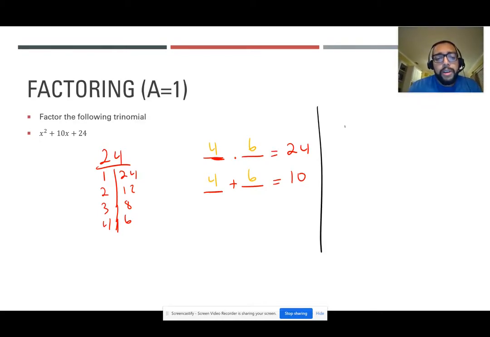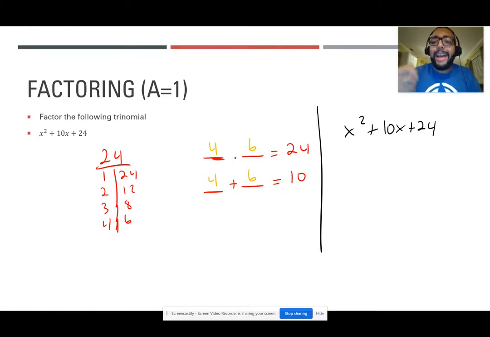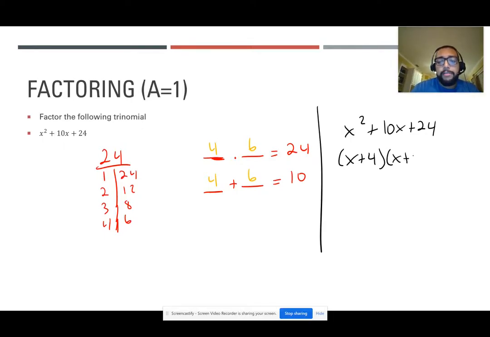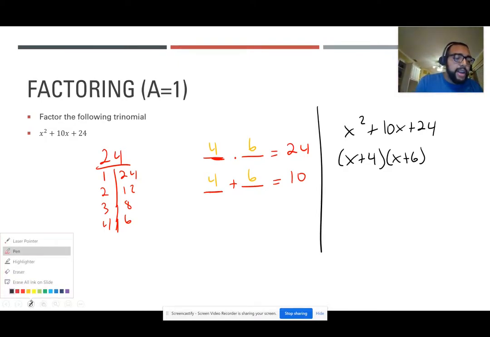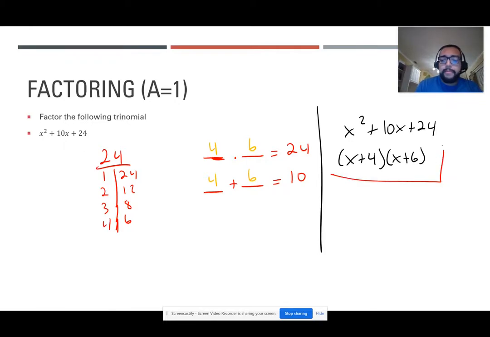So the expression x squared plus 10x plus 24 can now be rewritten as x plus 4 and x plus 6. Notice the question was saying just factor. Since I'm just factoring, that's it.